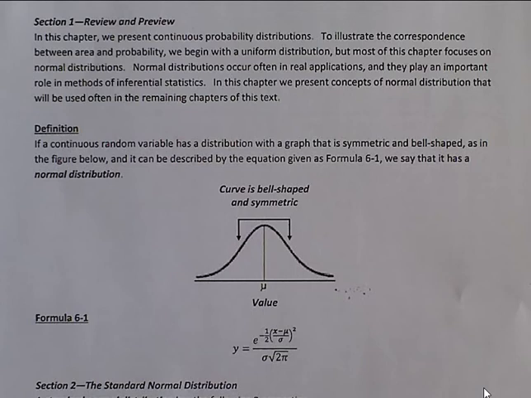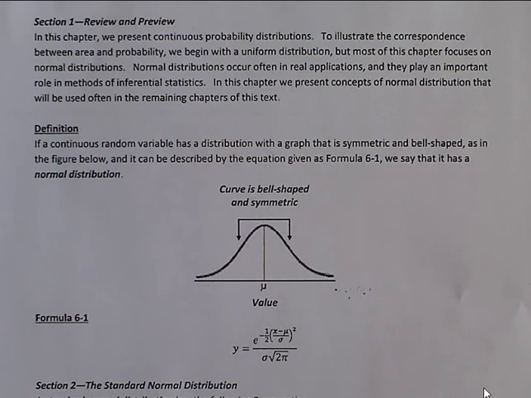To illustrate the correspondence between area and probability, we begin with a uniform distribution, but most of this chapter focuses on normal. And remember, we talked about the normal bell-shaped curve and some of the characteristics it has and the z-scores that go with it. We'll deal more with that as we go.